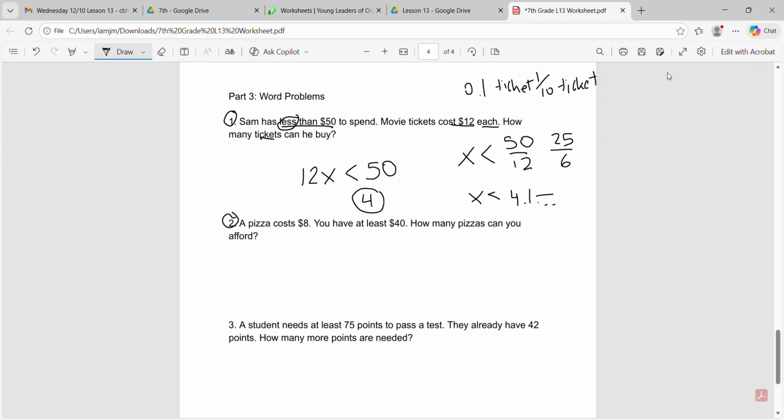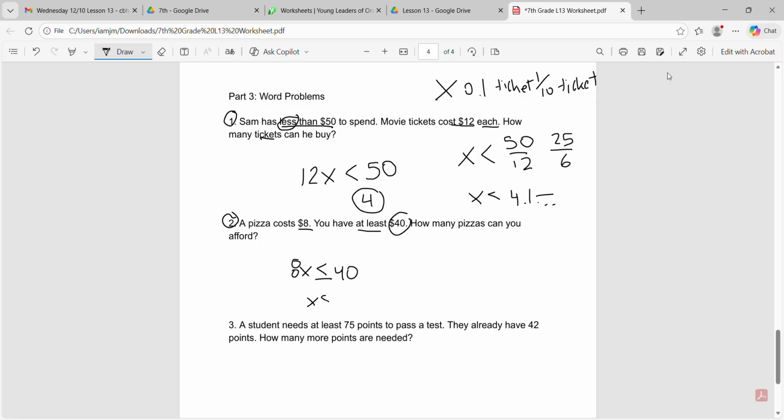Okay, question number 2. A pizza costs $8. You have at least $40, so greater than or equal to. How many pizzas can you afford? So a pizza costs $8, you have at least $40. How many pizzas can you afford?